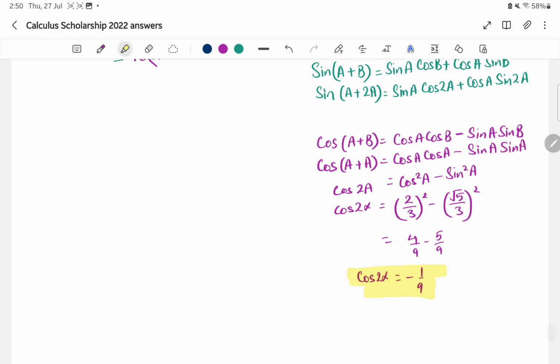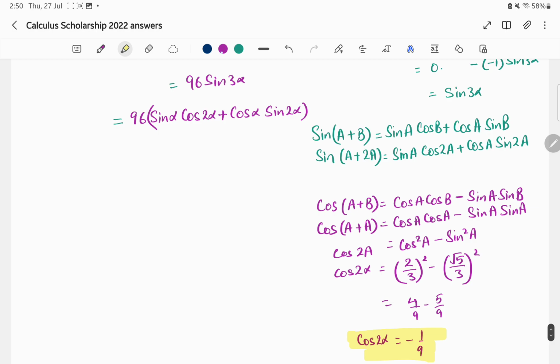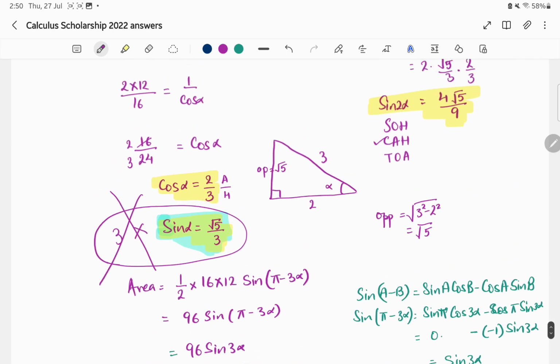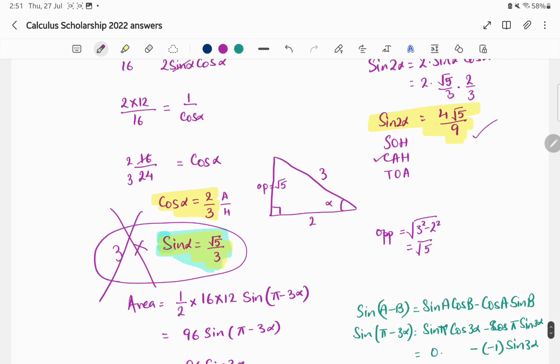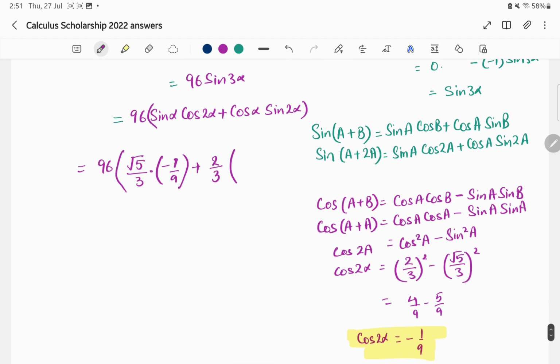Now let's substitute these values. So let's start. It is equal to 96 times sine alpha, which was root 5 over 3, times cos 2 alpha, which is minus 1 over 9, plus cos alpha, which was 2 over 3, times sine 2 alpha, which was 4 root 5 over 9.